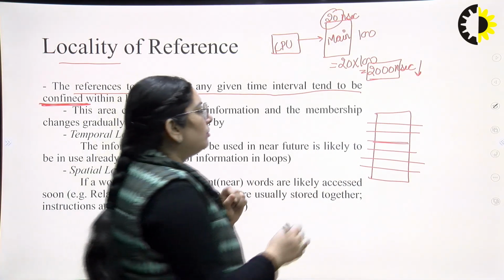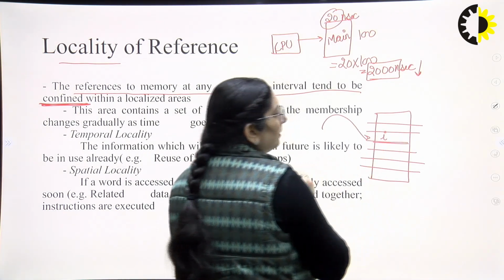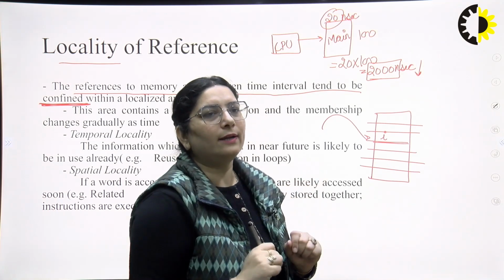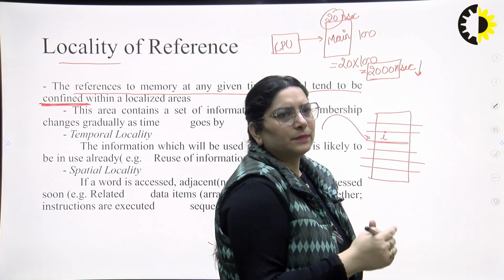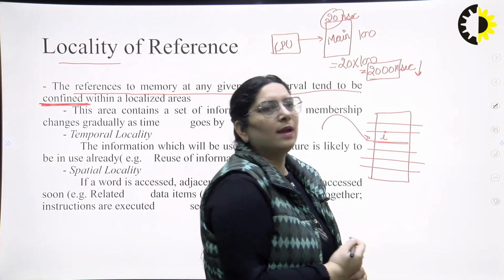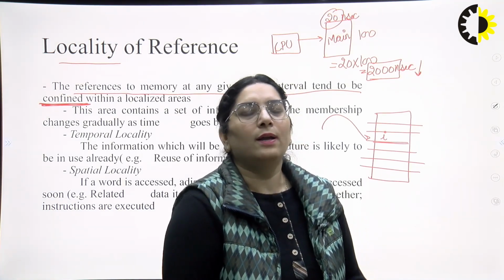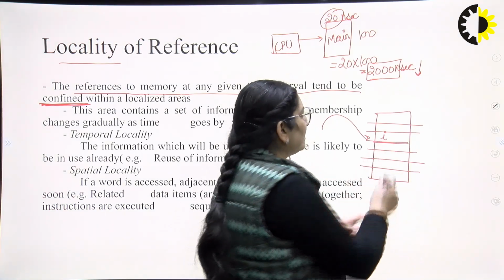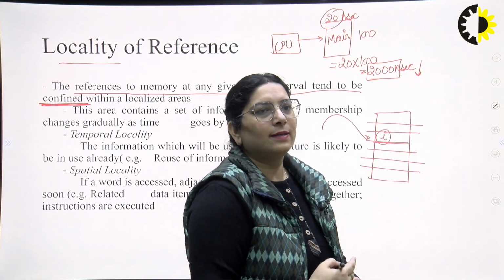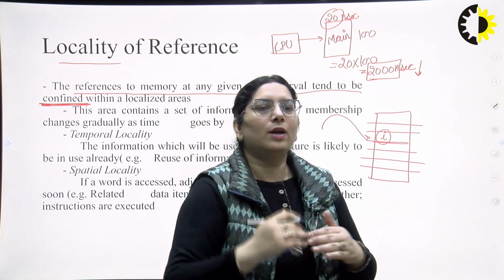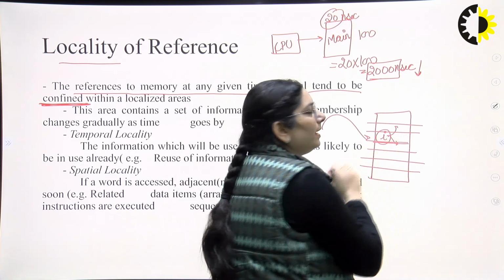So when the CPU makes a reference to this particular block, for example, it wanted to access this particular item, the scientists conducted various experiments, and on the basis of those experiments and observations, they concluded that if the CPU accesses a particular item in a memory block, there are high chances that the items which are around this particular accessed item are then likely to be accessed.